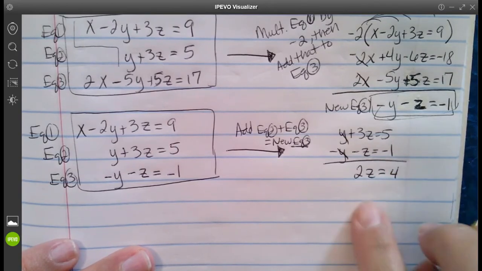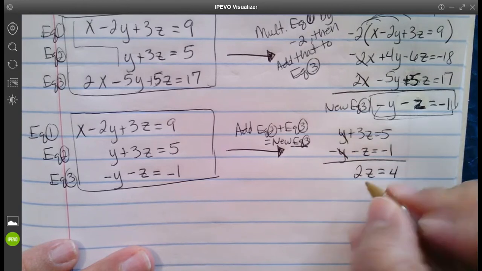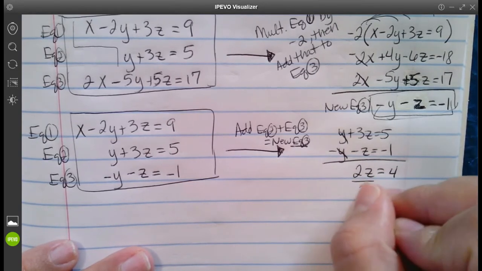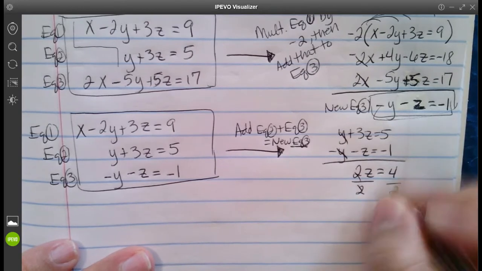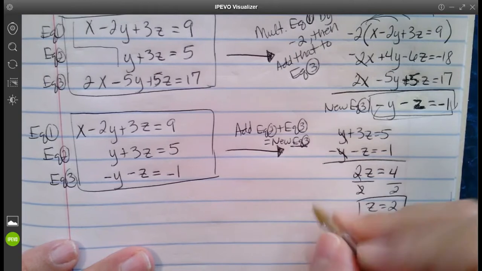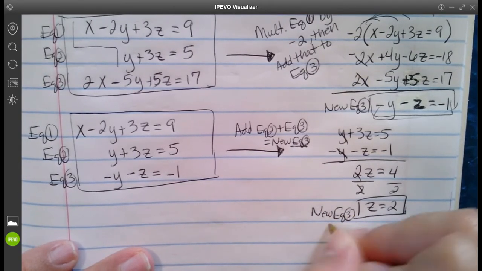And then from here, you can actually solve this one, right? If you get something like this, you can always solve it if you can. Let's divide both sides by 2. So z is going to be equal to 2, and this is now our new equation 3.